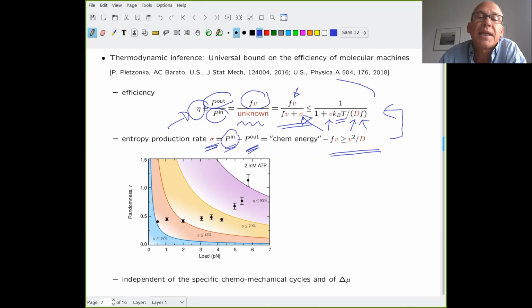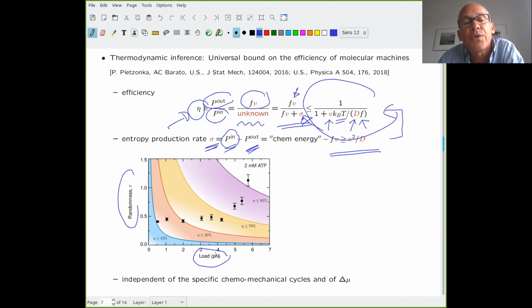So I'm plotting this function here over this experimental data. So here was the randomness, here was the load, the applied force, and the colored curves are curves of constant upper bound. So let's take this data point here.